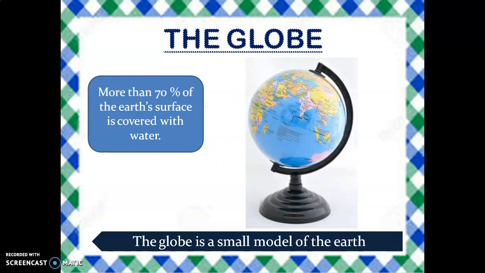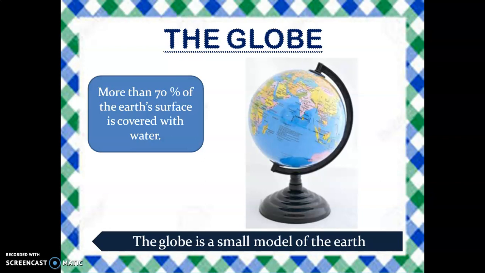Now the globe. The Earth is a huge planet. It's not possible to see the entire Earth from one view. But if we study the Earth through the globe, which is a small model of the Earth, we get an idea of the location of the land masses or continents in relation to the water bodies, the oceans and the seas.